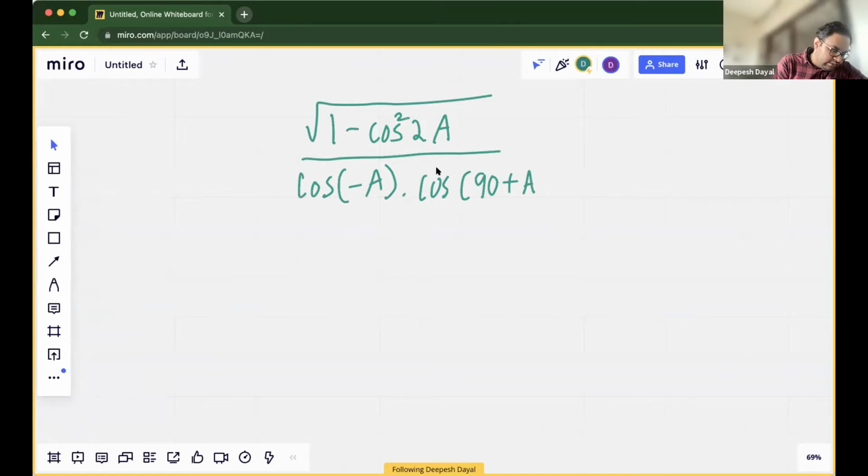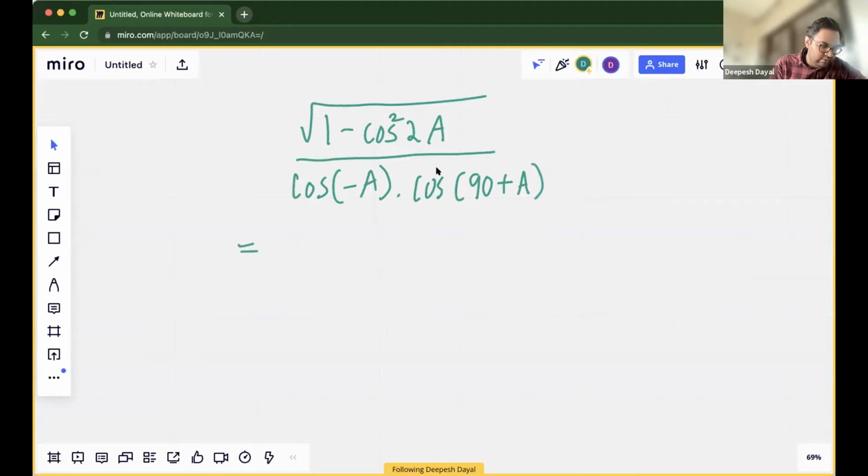We're going to start with the square root of 1 minus cos squared 2a. Remember our cos 2a rules, right?